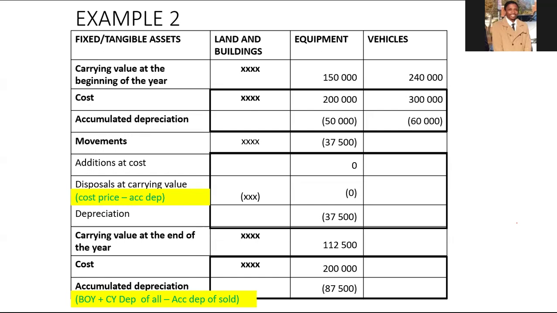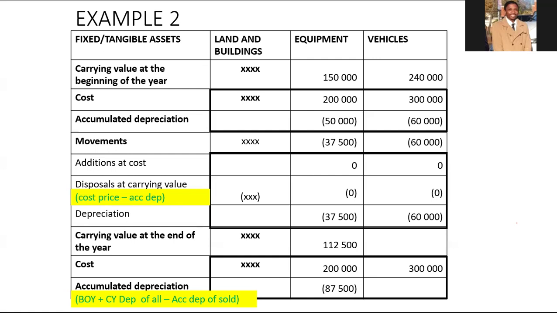Under movements, we have no additions and we have no disposals. We do have current year depreciation. Depreciation will be recorded in brackets. It will be 60,000. Your net movement will still be that bracket 60,000. Cost at the end will be 300,000 plus 0 minus 0, which stays the same, 300,000.